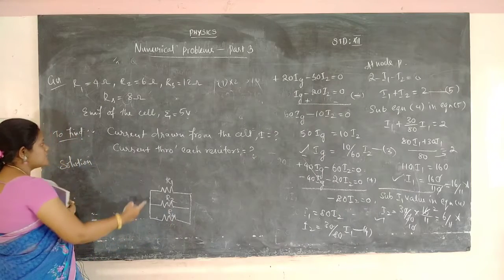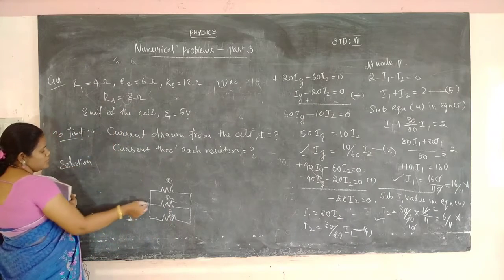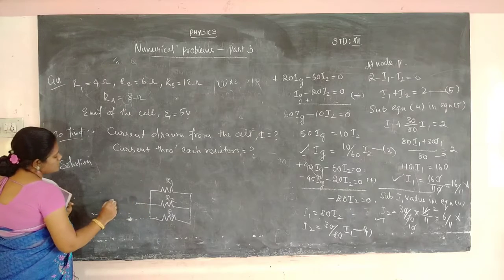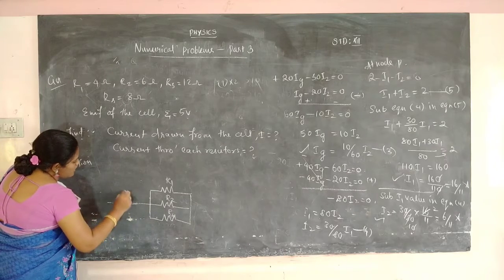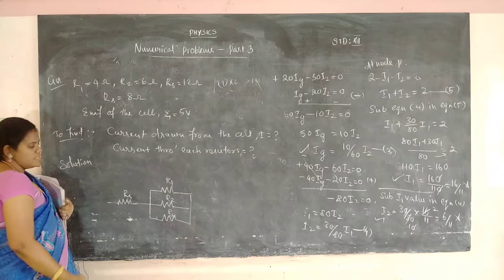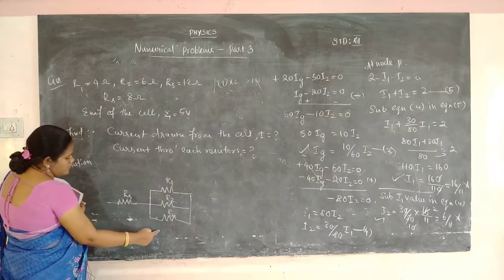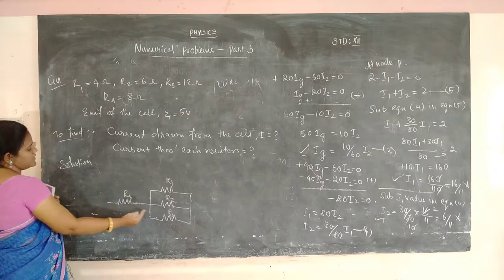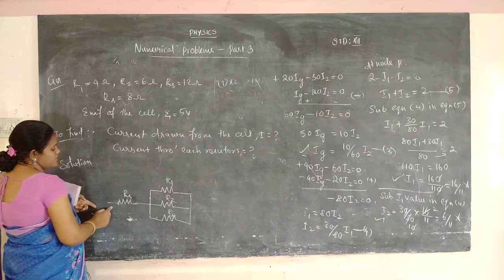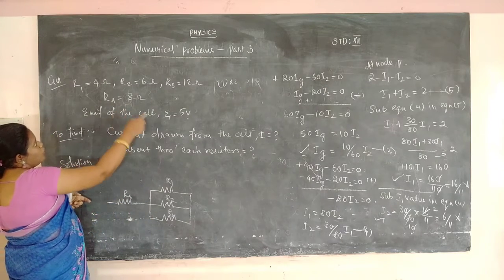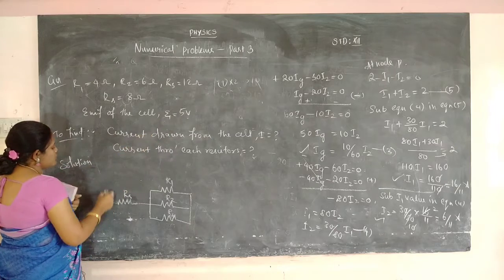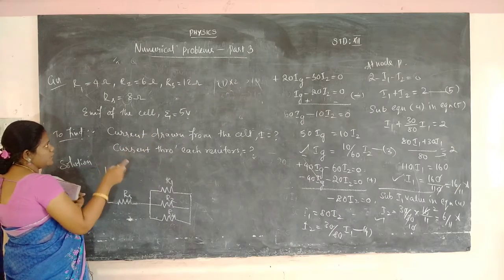Then a series resistance has to be put, that is RS. Okay, R1, R2, R3 will be connected in parallel and RS will be connected in series, so the parallel combination with the series. Okay, then 2 batteries are given, 5 volt batteries.